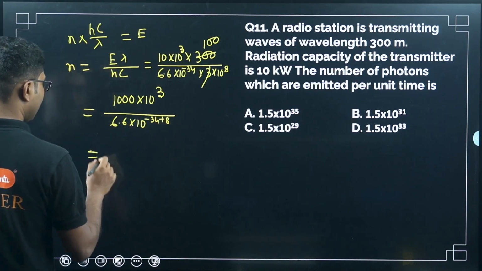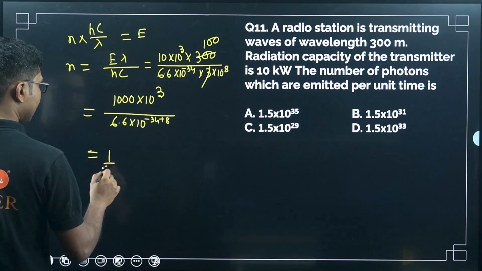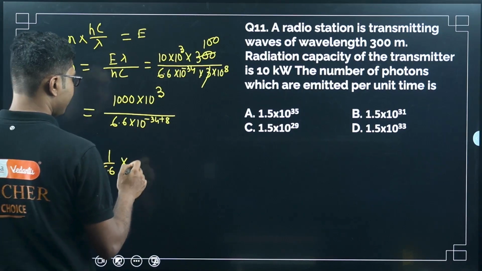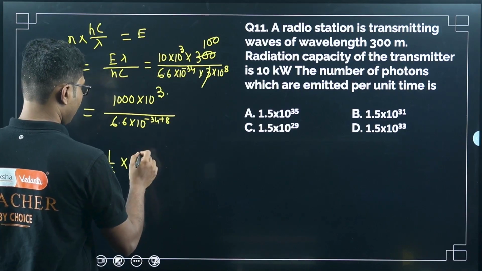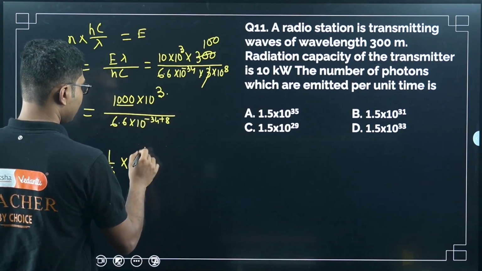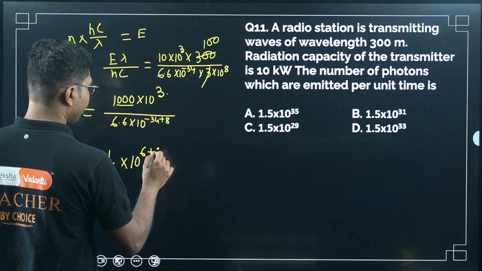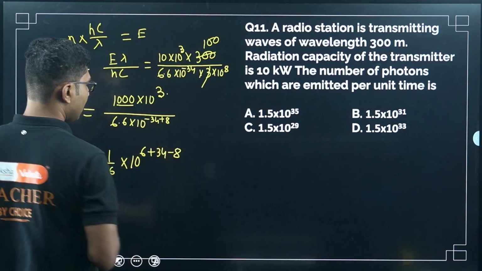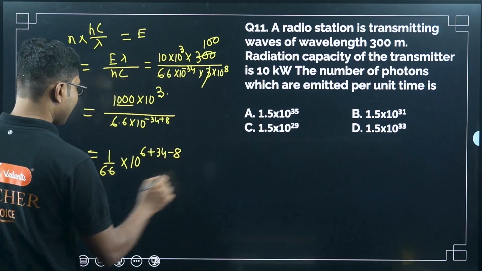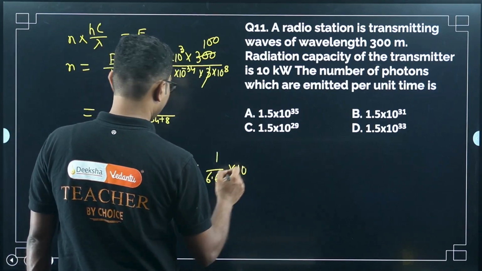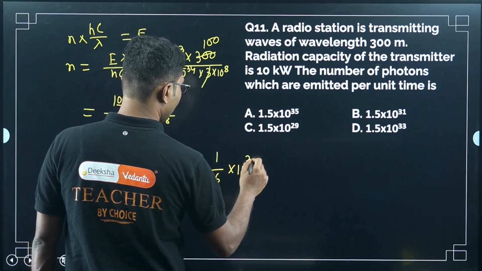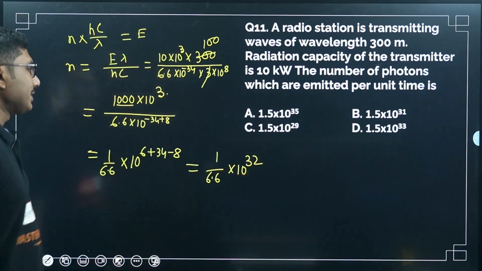So it will be 1 by 6.6 times 10 to the power of 3. This is another 3. So 6 plus 34 minus 8. So it will be 1 by 6.6 times 10 to the power of 32. Okay, so this is the answer.